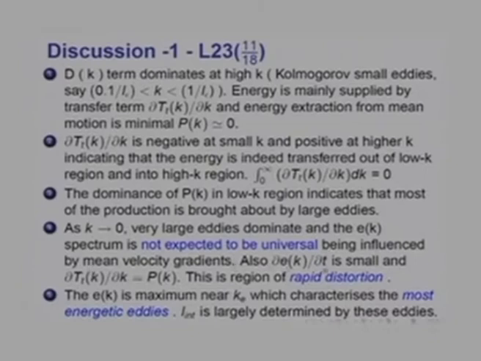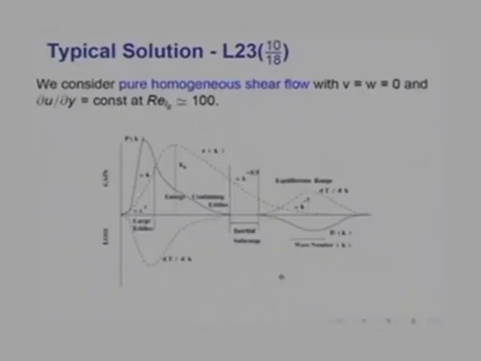Also, dE(k) by dt is small, and dT(k) by dk therefore equals production, which means all the energy produced simply goes into its transfer to smaller and smaller eddies, or bigger and bigger wave numbers. This region therefore is called the region of rapid distortion.